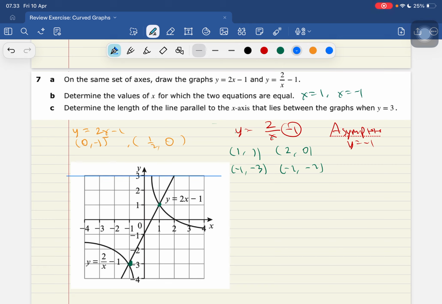Here is the line of y equals 3, parallel. This is y equals 3. It lies between. Okay, we can see from here it's 1, and then 1.